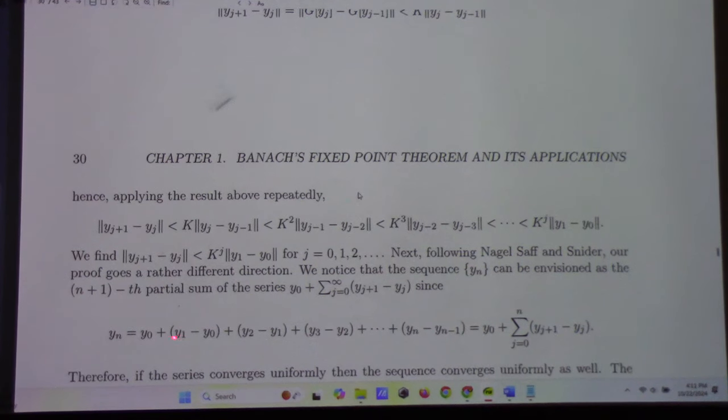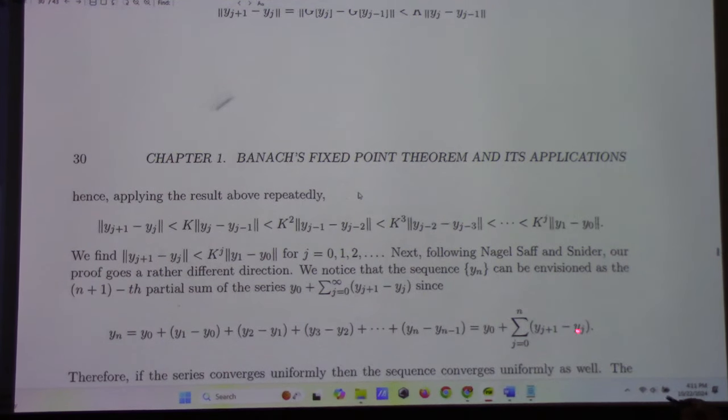So we add a bunch of zeros, and this will simplify back down to yn, right? But you have basically y0 plus the sum of the differences. So you can write yn is equal to y0 plus this kind of telescoping series, right?